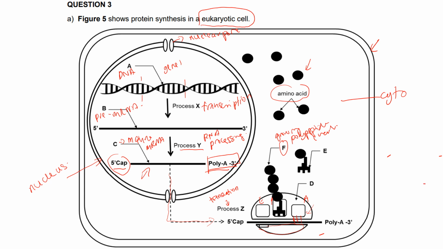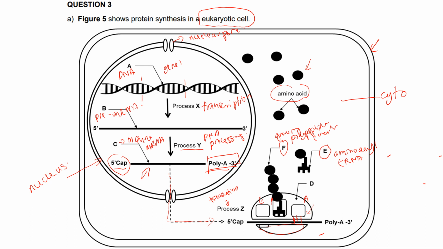So basically, the tRNA brings specific amino acids according to the codon on the mRNA at the A site.